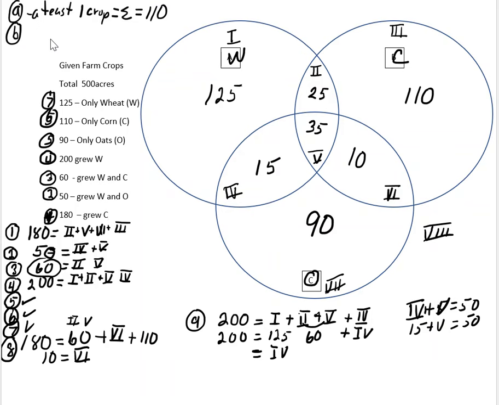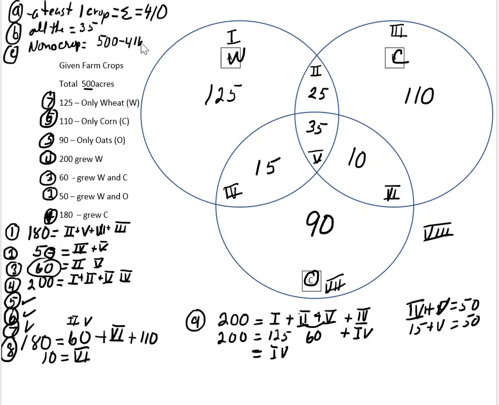Next question says, grew all 3? That's 35, because I can read it off the problem. C, did not grow any of these crops. Well, none of these crops is going to be 500. Now I can use my 500 minus all of those, which was, oh, I'm sorry, this was 410, not 110.